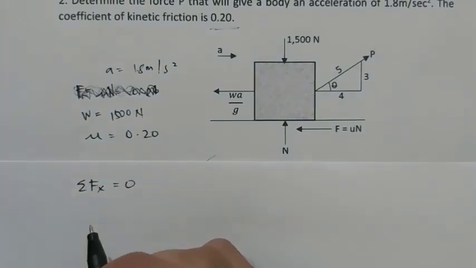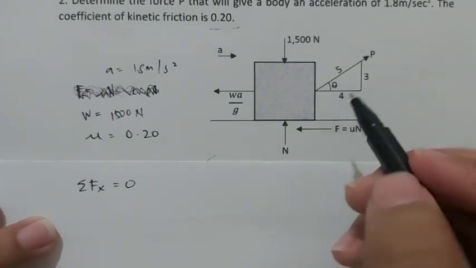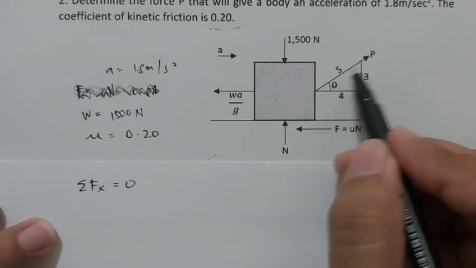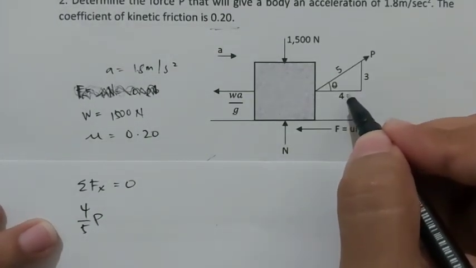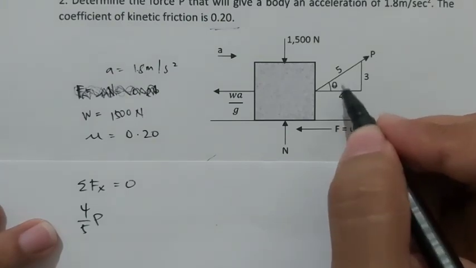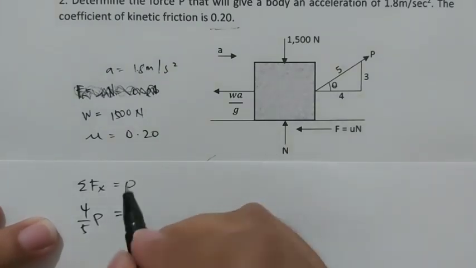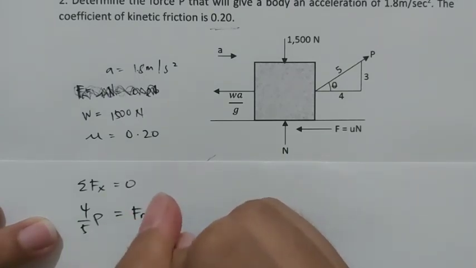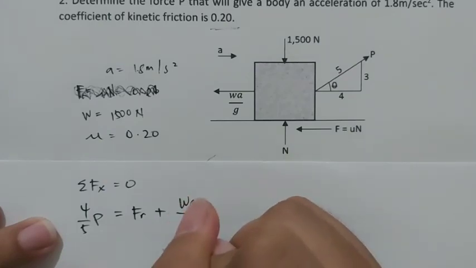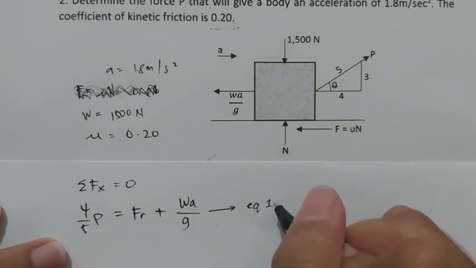Then this is equal to, so una natin is yung force natin, we have 4 over 5 P, or yung ating opposite over hypotenuse times P, is equal to the coefficient of friction force plus weight natin times acceleration over g. So this will be equal to equation 1.